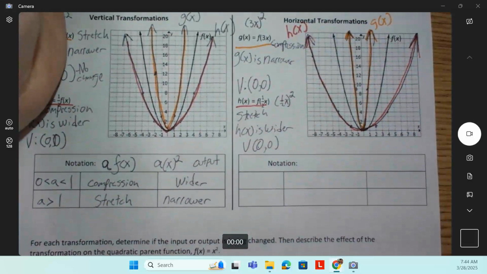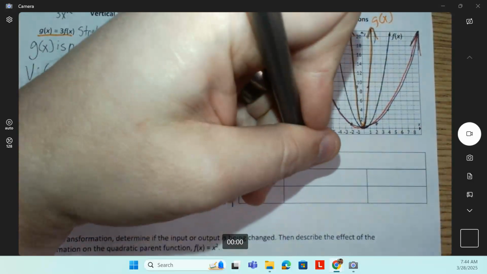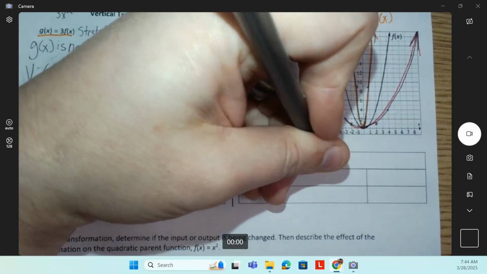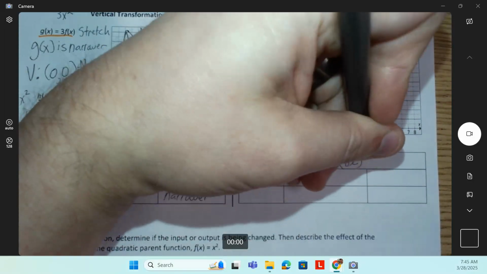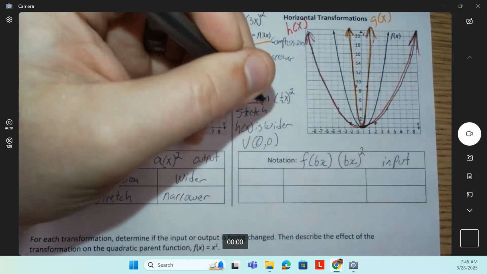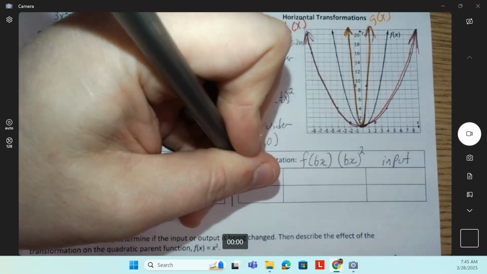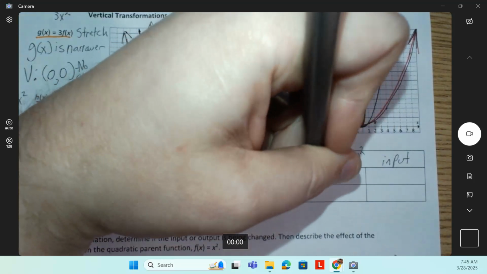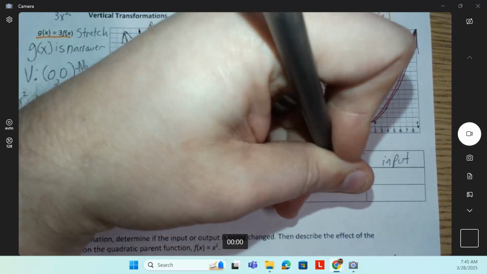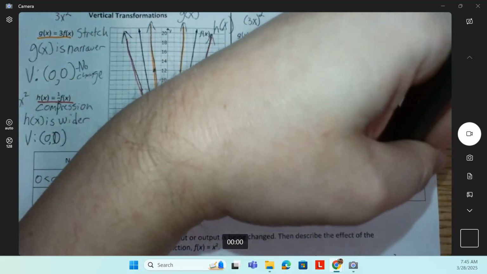And so our notation for this, we do f of b of x, which would be b of x squared. And that's the input because it's inside the parentheses. So if it's a fraction less than 1, it's a stretch, and that's wider.